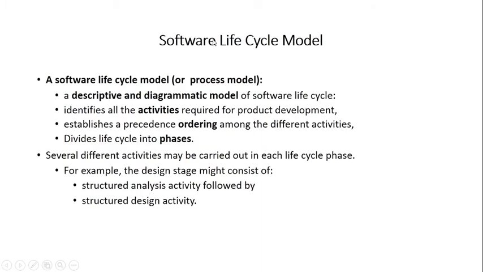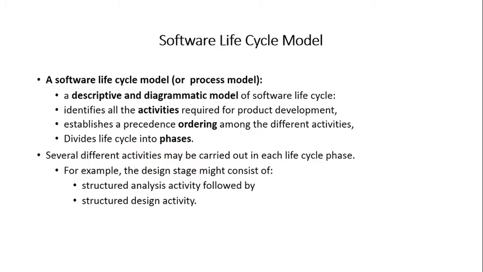Now, if I roughly summarize what a software life cycle model is, it's a descriptive and diagrammatic representation of software life cycle, right? So descriptive and diagrammatic, that means a model is a framework, sort of a block diagram you can say, where we represent the major blocks, and if required the relevant details are also mentioned.